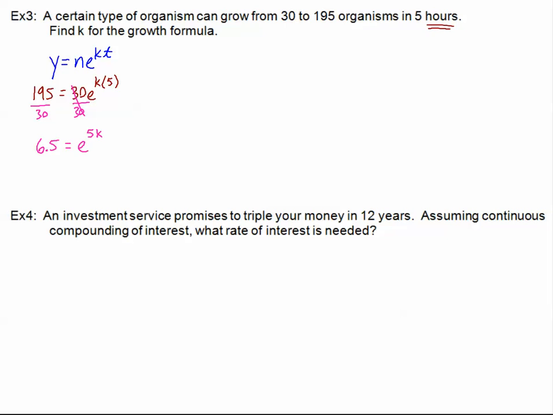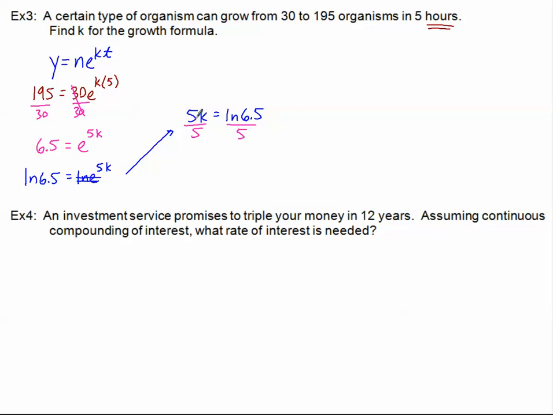We could take the natural log of both sides. Natural log of 6.5 is equal to the natural log of e to the 5k. That natural log of e will then go away, and I'll just write it as 5k is equal to the natural log of 6.5. Just divide by 5 and I believe we'll have our answer.